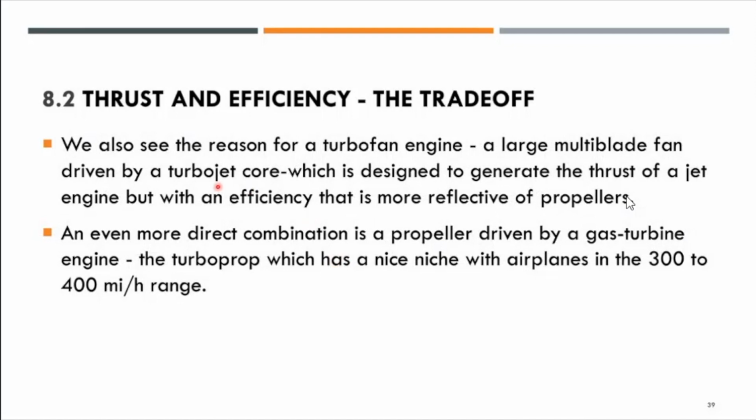We also see a reason for the turbofan engine, a large multi-blade fan driven by a turbojet core, which is designed to generate the thrust of a jet engine but with an efficiency more like that of propellers. And even more, the combination of a propeller driven by a gas turbine engine, such as the turboprop, has a nice niche with airplanes in the 300 to 400 miles per hour range.